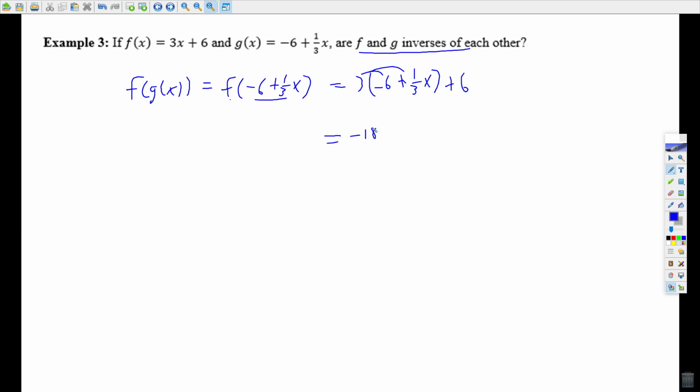So we have negative 18 plus 3 times a third is just x, or 1x, plus 6. We can combine the first and the last here. We get 1x minus 18 plus 6, which would be minus 12. And that's your answer. Problem is, it is not x, so these are not inverses. So f and g are not inverses.